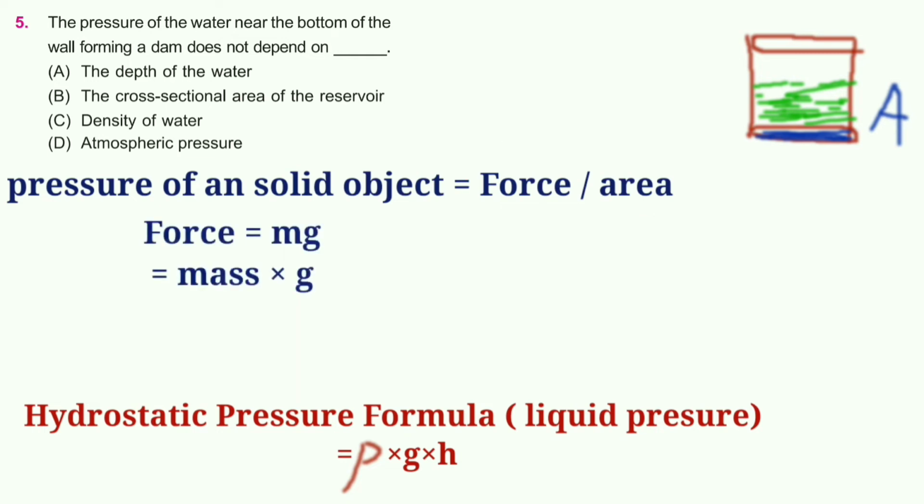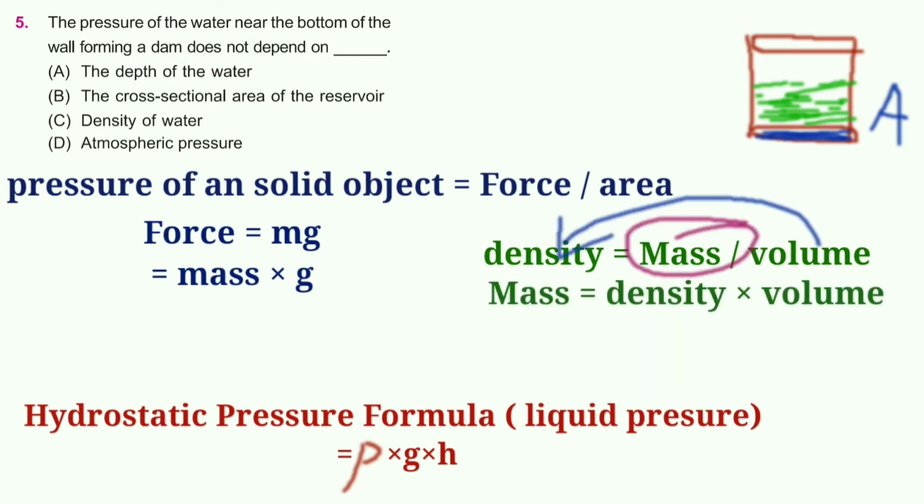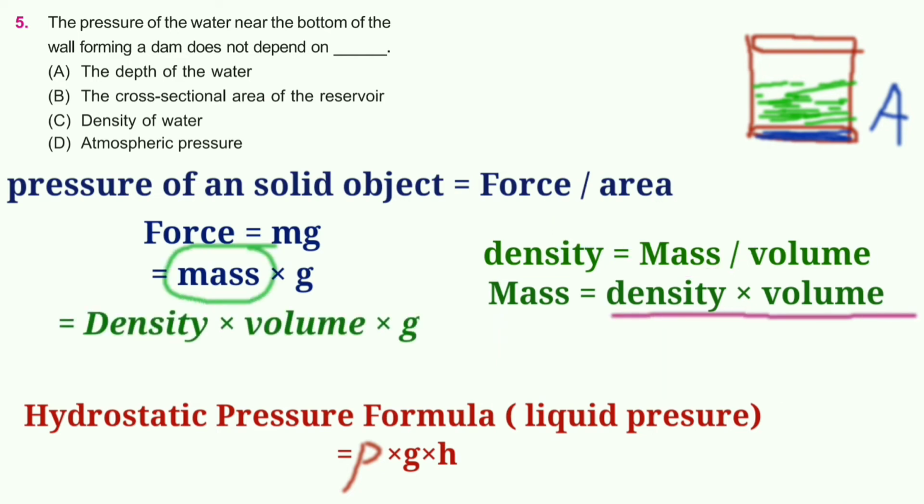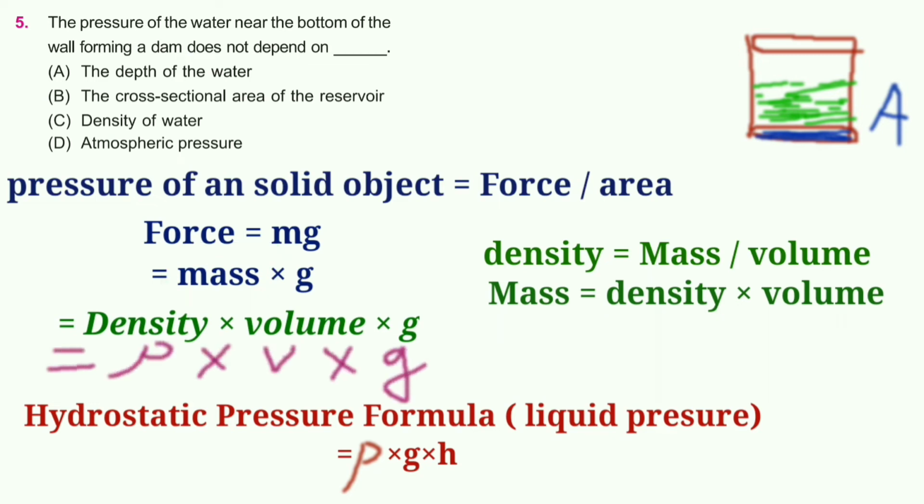What is force? Force equals mg, where m is mass and g is acceleration due to gravity. We know that density equals mass by volume, so mass equals density into volume. So this m, mass, can be written as density into volume, or rho into V.